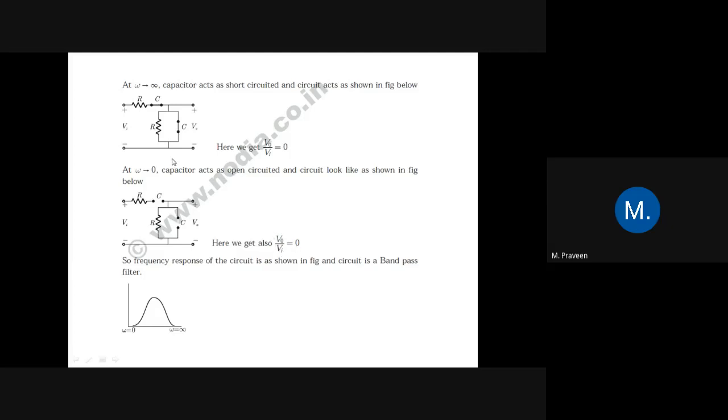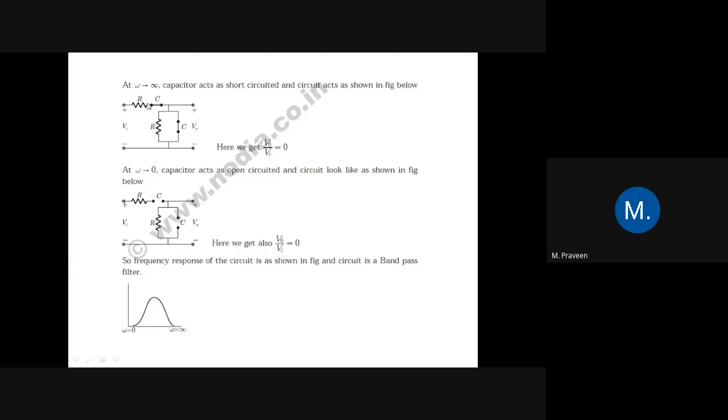So for both omega equal to 0 and omega equal to infinity, the output is 0. Between omega equal to 0 and omega equal to infinity, there is some value. Therefore, from this we can say that the response is nothing but a band pass filter.